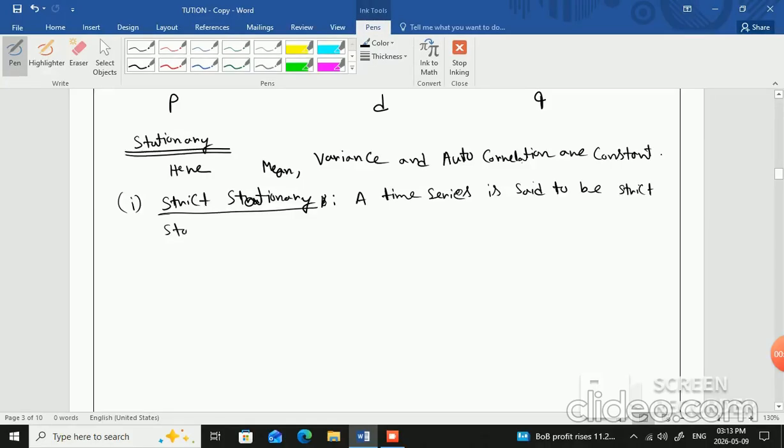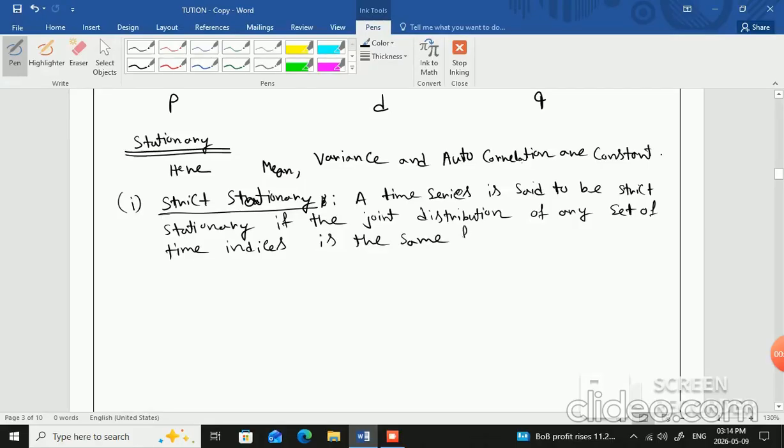A time series is said to be strict stationary if the joint distribution of any set of time indices is the same for all time points. For every time point, the joint distribution has the same values of indices like mean, autocorrelation, variance.